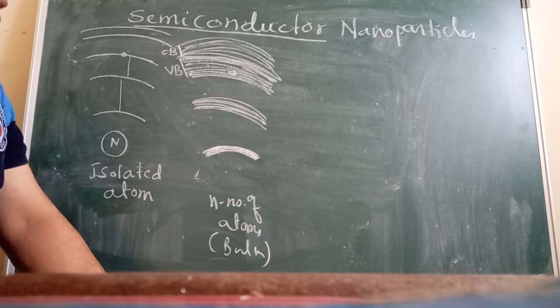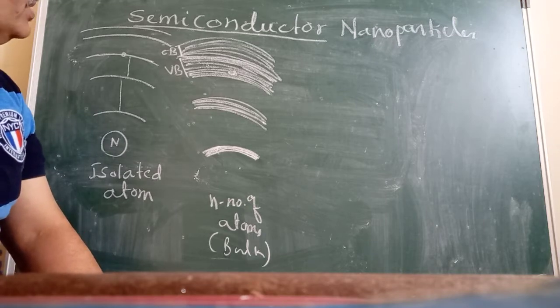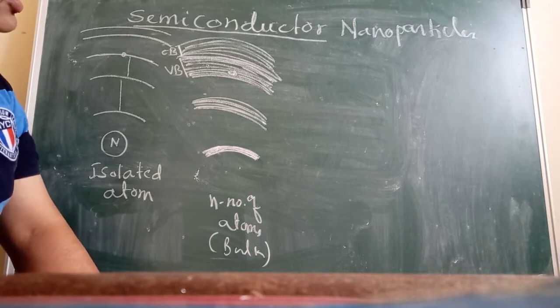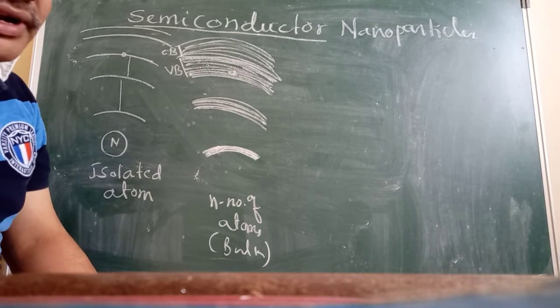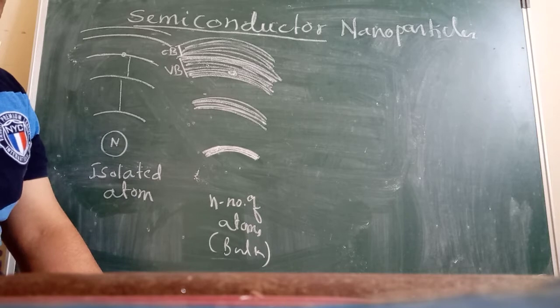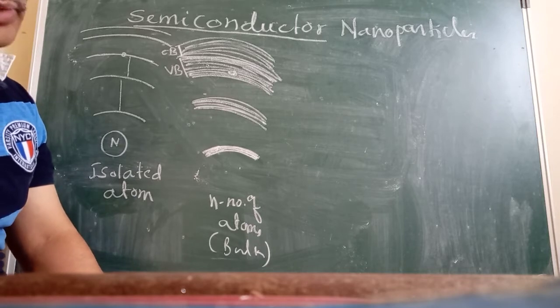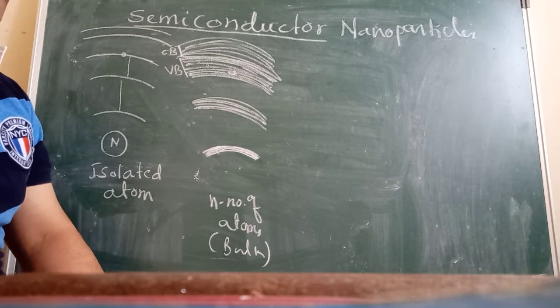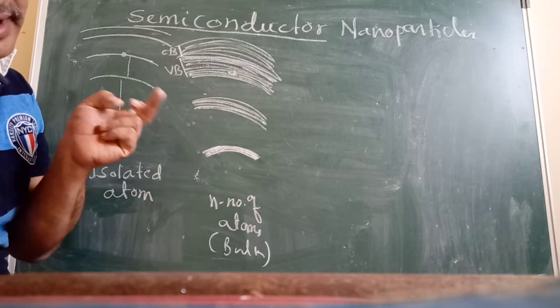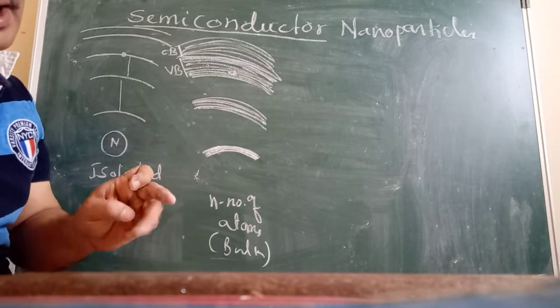Usually the valence band is the topmost band which is completely filled. For example, the s orbital fills 2 electrons; if the energy band corresponding to s has 2 electrons, it is completely filled.